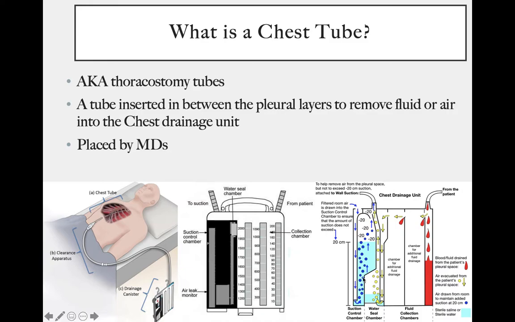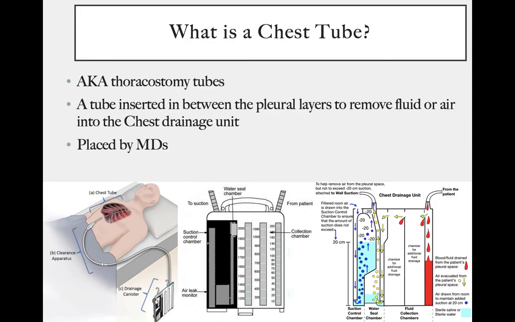And then this chamber can also be used as an air leak monitor. This will show bubbling if there's any leaks along the chest tube or in the chest drainage unit, and it can also show bubbles indicating that air is leaving the pleural cavity from a patient who has a pneumothorax.